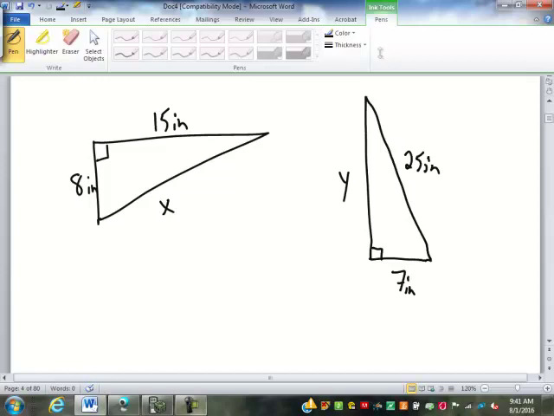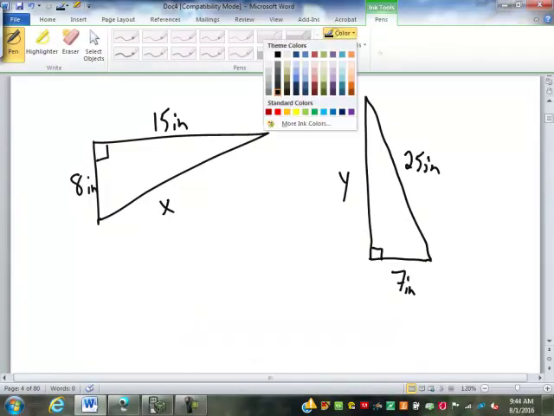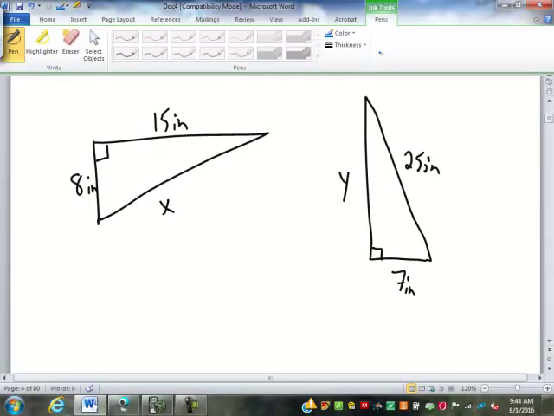Find x and y. So for the first one, what do you get for x? 17 inches. Good. That one would be a squared plus b squared equals c squared. So 8 squared plus 15 squared equals x squared.